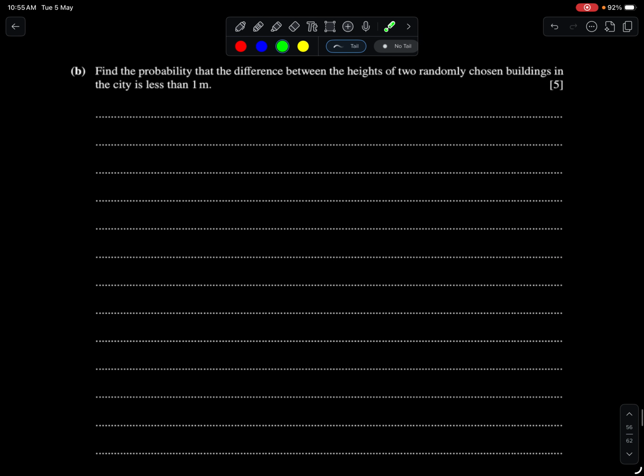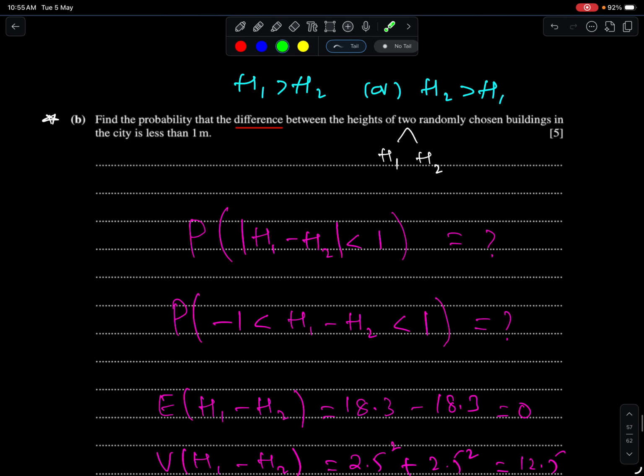Now this part is very important. Find the probability that the difference, whenever it says difference or differs, always use modulus.